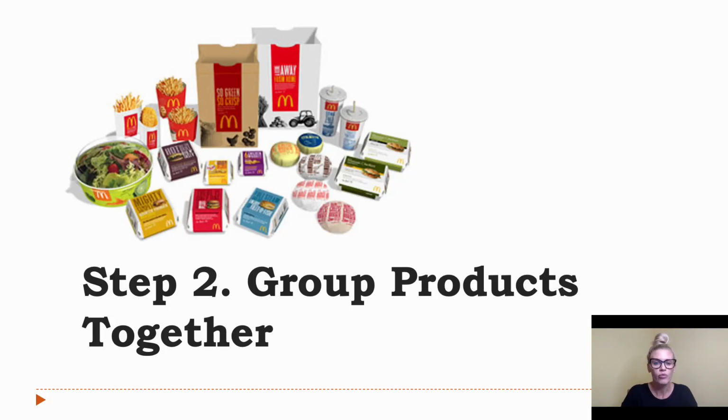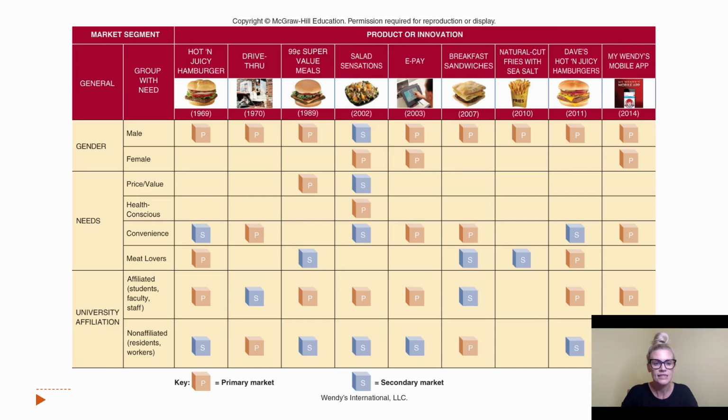we group products together. So here, we will look at both the individual products themselves, and we'll try to gain an understanding of what consumer segment is going after this type of product. So you can see in this example right here, which is Wendy's, a fast food chain, that they have both a primary market and a secondary market for their products.